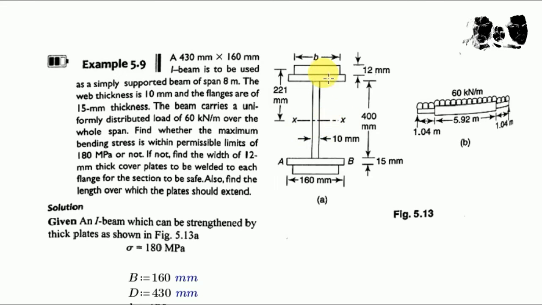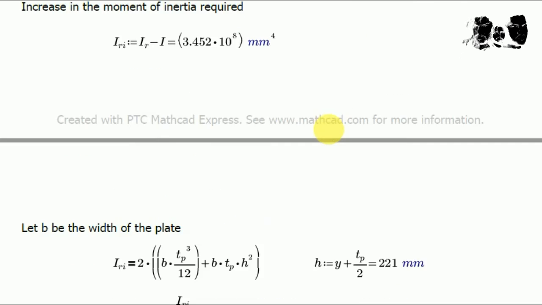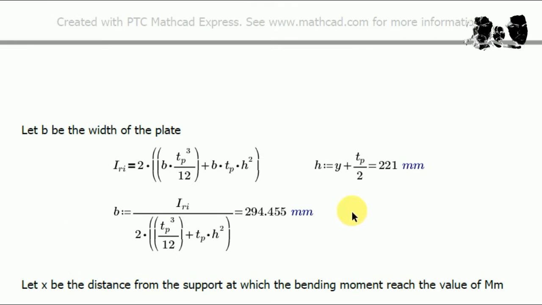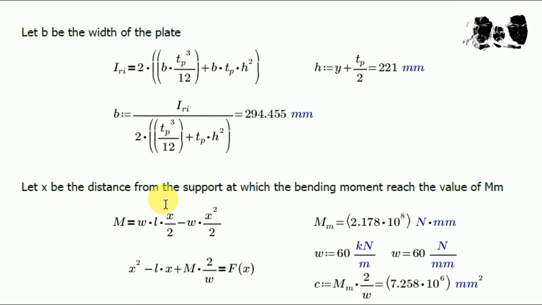So what is the value of h? It is equal to 215 plus 6, that is, y plus tp upon 2, which is 221 mm, and we can easily find the value of b here because b is the width of the plate. Then the formula gives a value of b which is 294.455 mm.